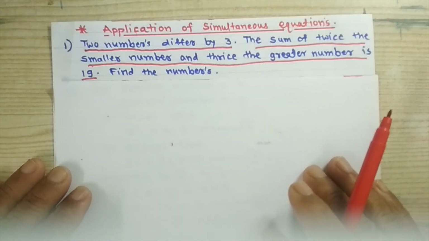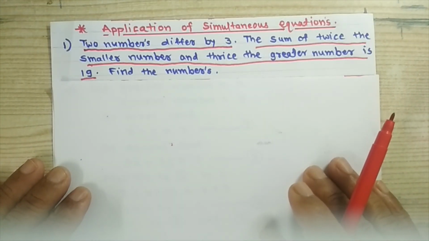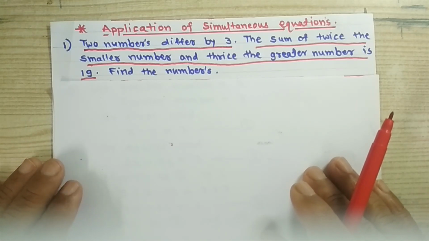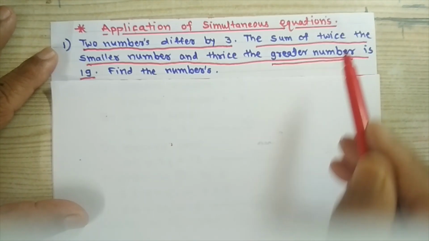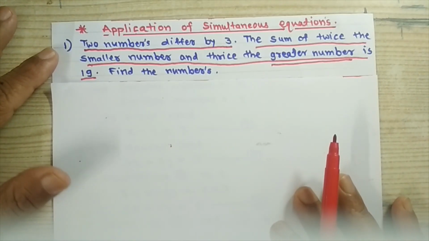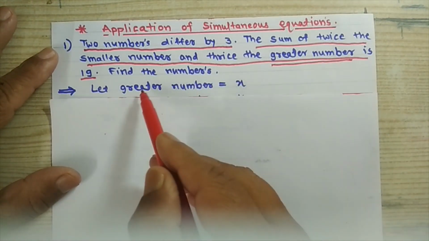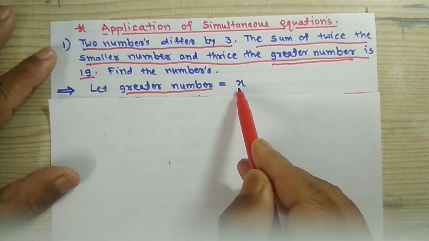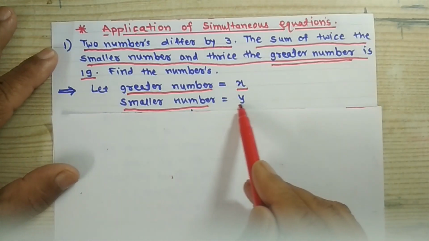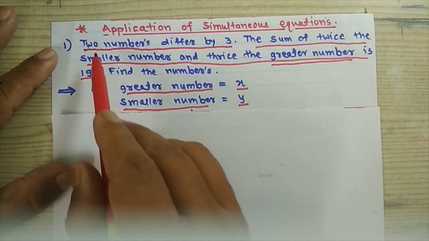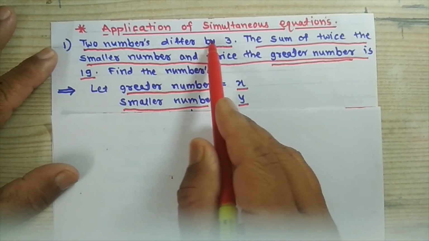So first we assume them. Let us consider the greater number to be x and the smaller number to be y.